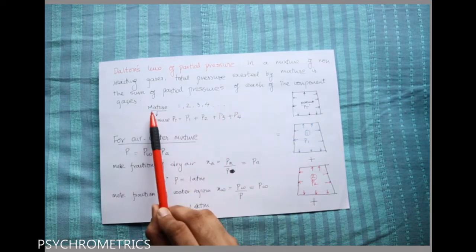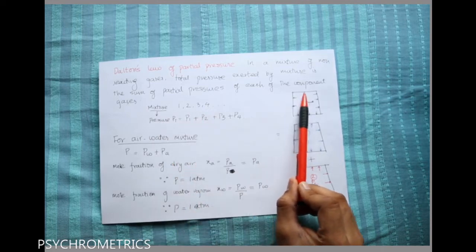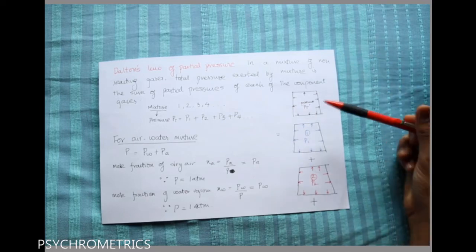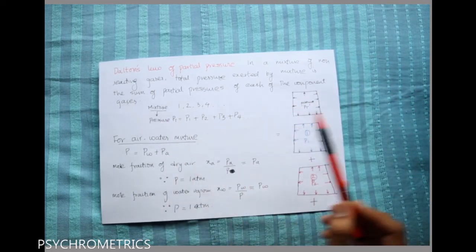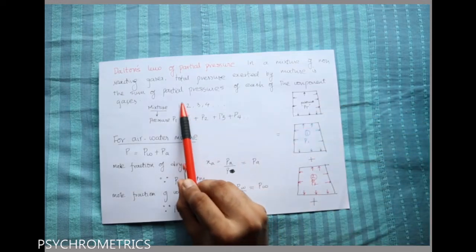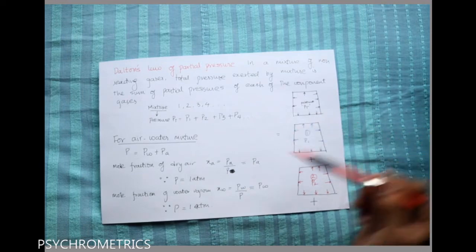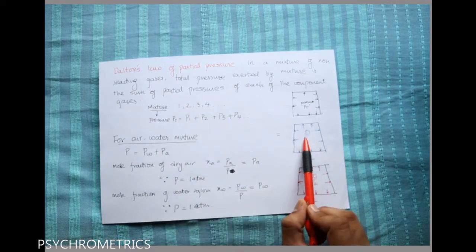The mixture is contained in a container at temperature T and it exerts pressure P. Now, the partial pressure of component 1 is defined when we have the same container and we introduce the same quantity of component 1.